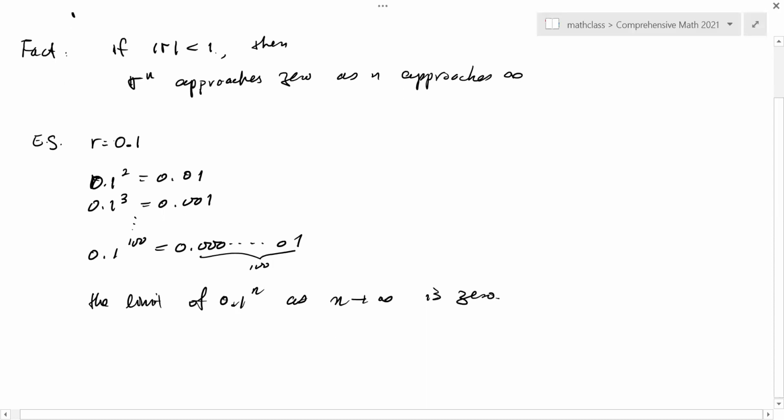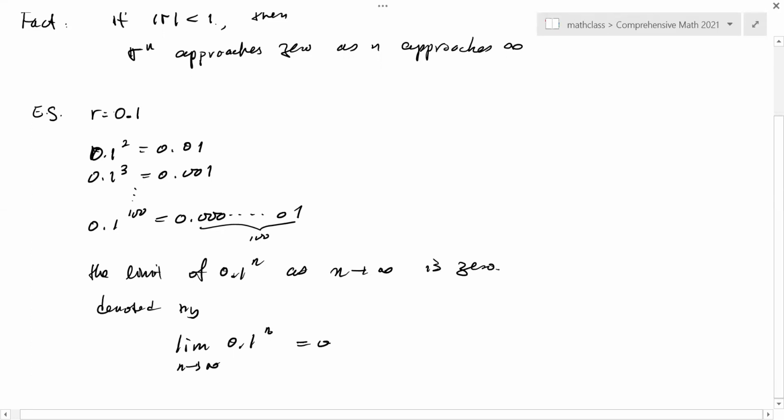Now here we have a notation. The notation in mathematics we call it lim, and this is denoted by lim of 0.1 to the n's power, n approaches infinity, and that's going to be 0.